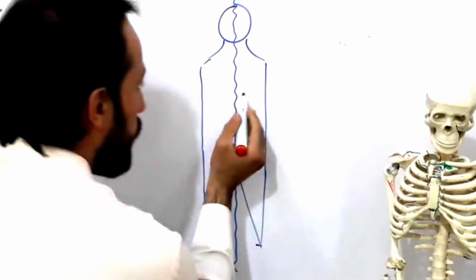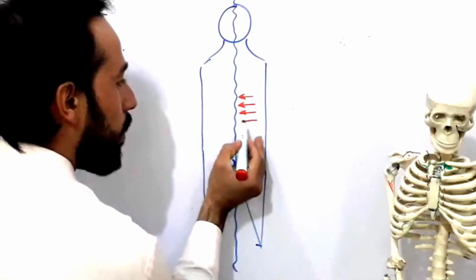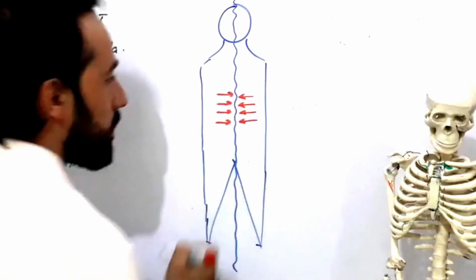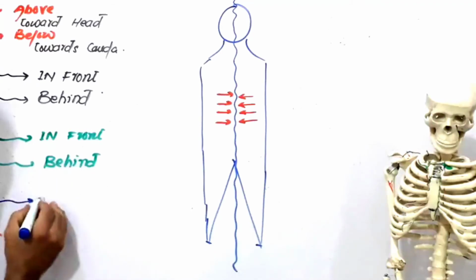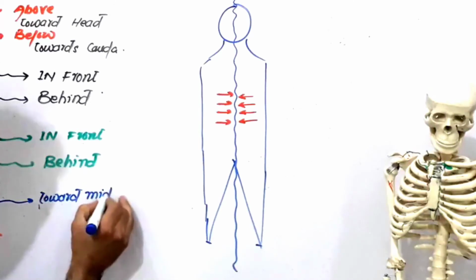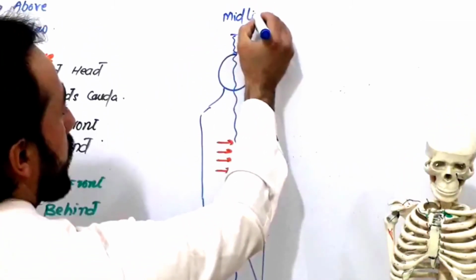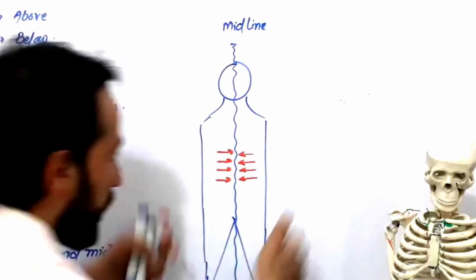Now look, when you are coming towards the midline, this is called medial, right? So medial means towards the midline or towards the middle line of the body, right?